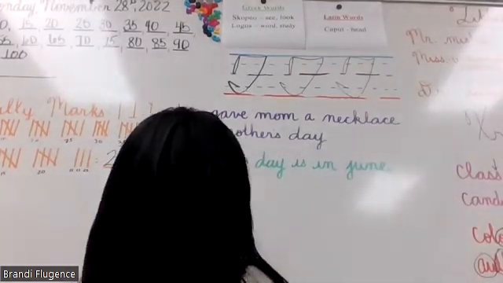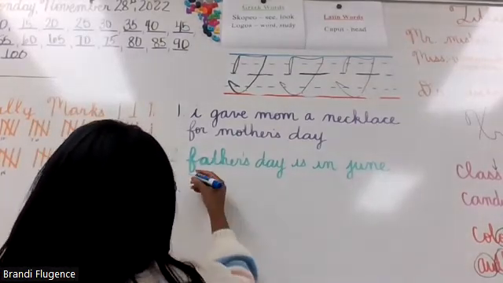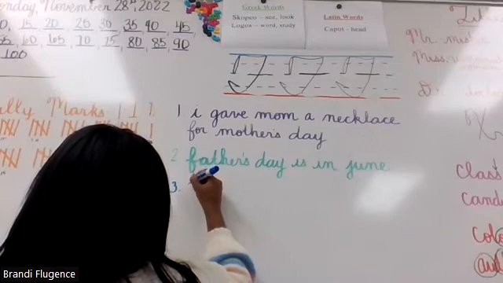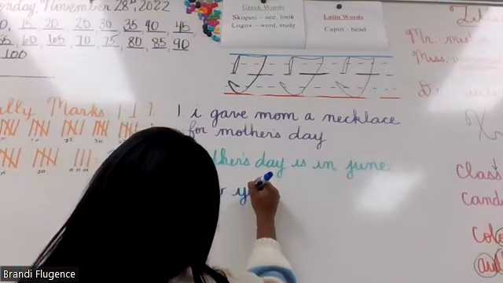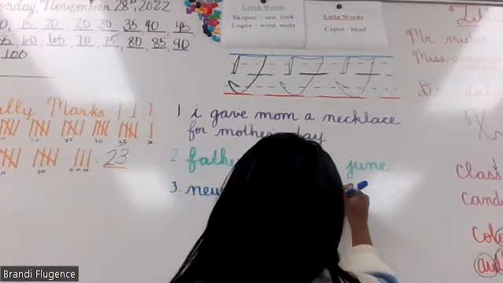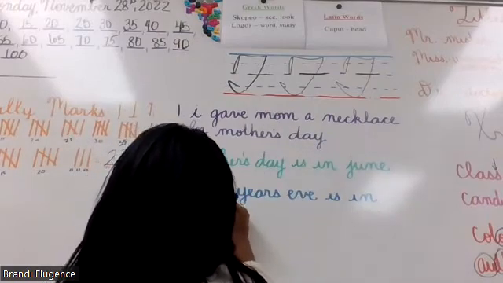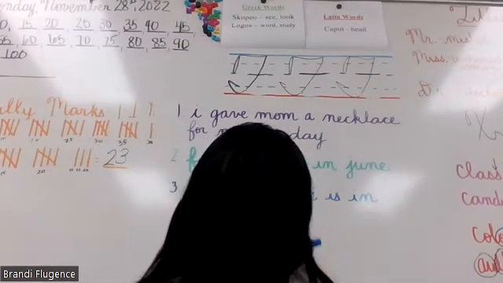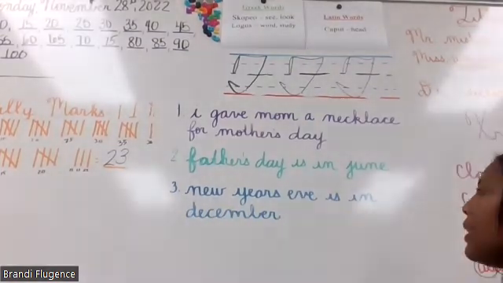What's the dot for at the top? What is that for by the numbers? The dot at the end. Okay, so this one says New Year's Eve is in December.